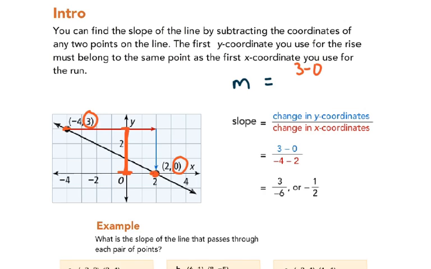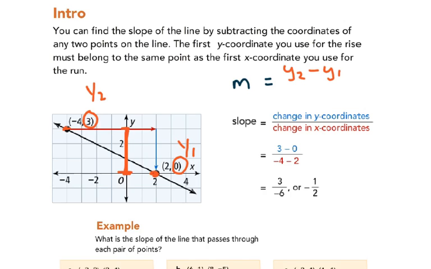Now since those are both y's, we are going to have to distinguish them. I'm going to say this here is the first y, and this here is the second y. So what I did over here is I took y2, the second y, minus the first y here. So in my formula, I'm going to have y2 minus y1.